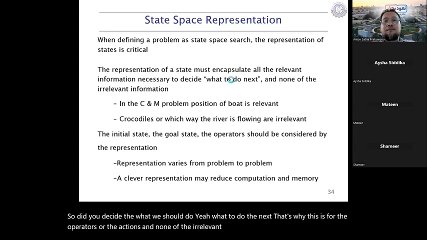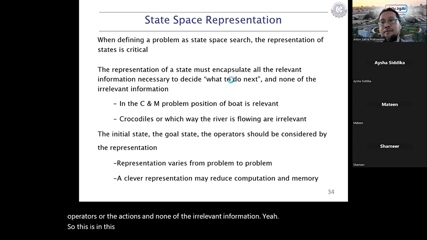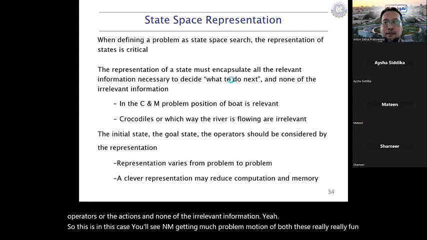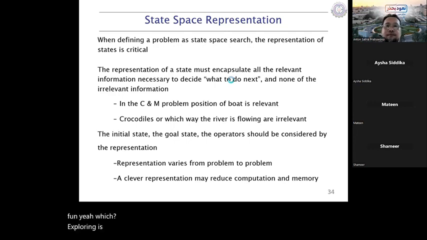In this case, the cat and mouse problem, the position of the boat is relevant, while the crocodile and which way the river is flowing are irrelevant.